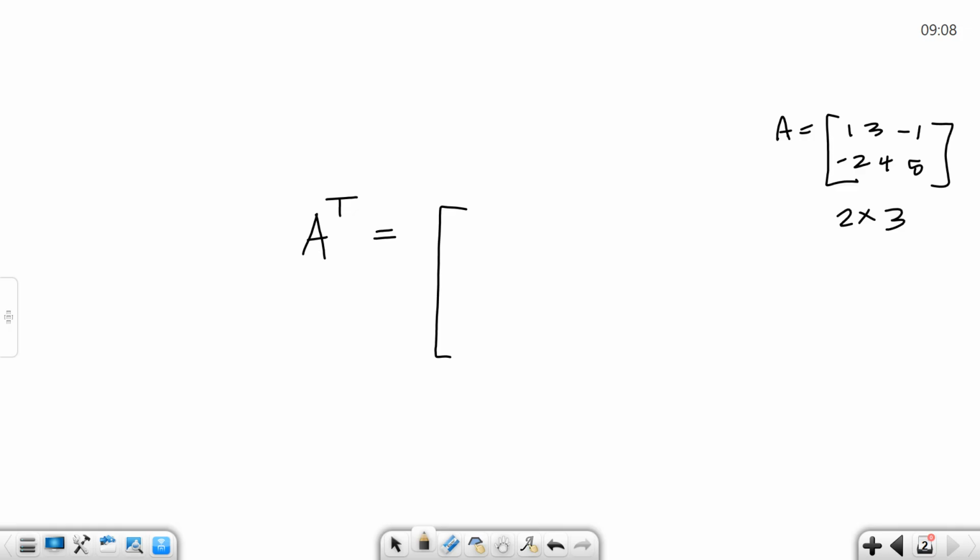So A transpose, you would take this column right here and write it as a row: 3, 4, negative 1, and 5. And so this would be 3 rows and 2 columns. It also changes the dimensions there, and that's how that one would look. So row 1 becomes column 1 in the transpose, and row 2 becomes column 2 in the transpose. All right.